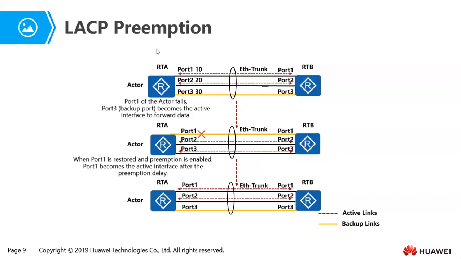Now, let's see. So here, port 1 of the actor fails. So port 3 becomes the active interface to forward data. Before port 3 becomes an active interface, it waits for a certain predetermined amount of time, which is called the preemption delay.